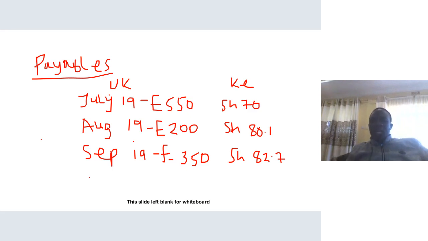Creditors have a normal credit balance, meaning that an increase is credited and a decrease is debited. So we can present this: payables account, the solution.